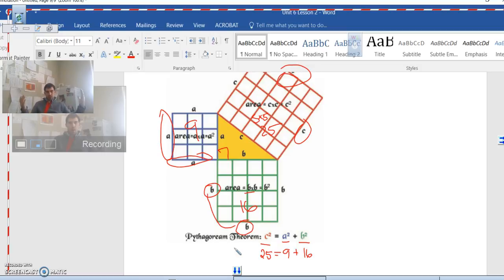If we draw squares off the sides of the triangle, the area of the squares from this side and this side, the two legs we call them, that attach to the right angle, will equal the area of the square formed off of what we call the hypotenuse, the longest side, this side across from the right angle.